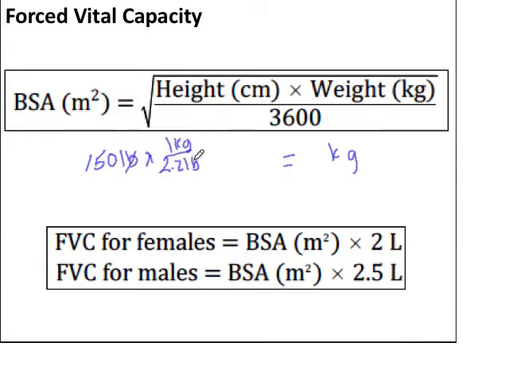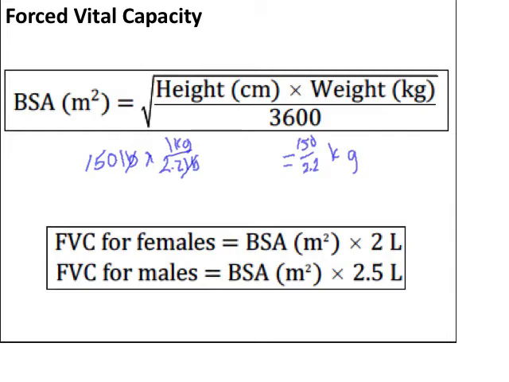The pounds will cancel, and you'll end up with 150 over 2.2 as the number of kilograms. If you work that out, that's going to end up being something a little bit less than 75 kilograms, approximately.